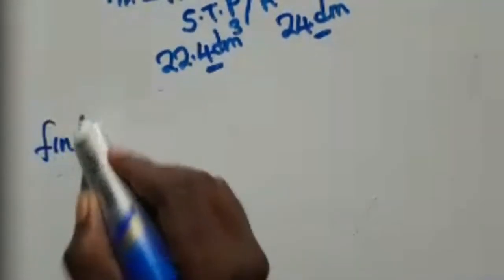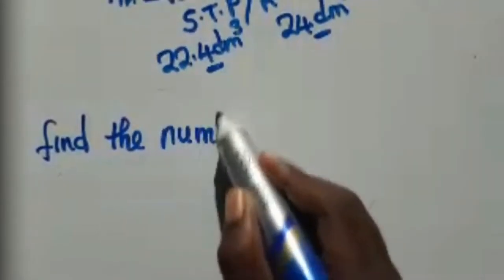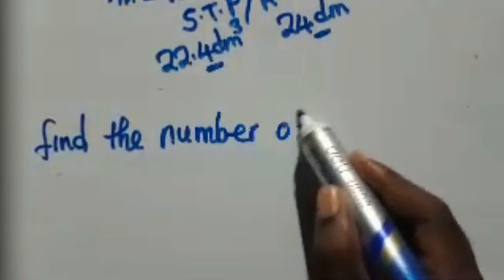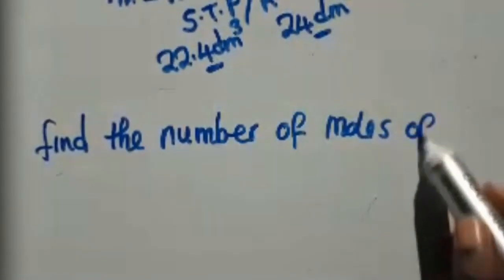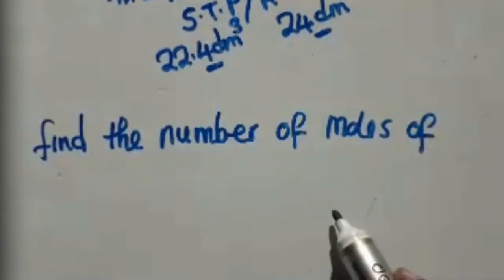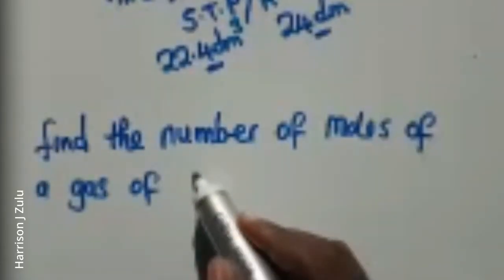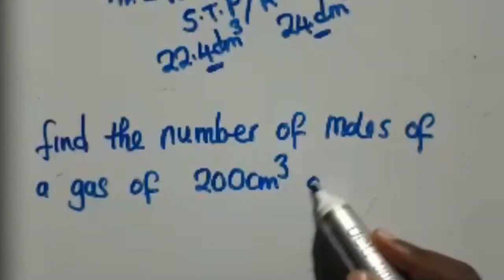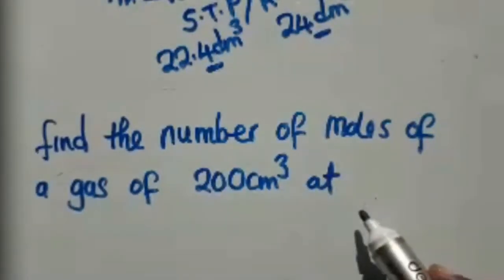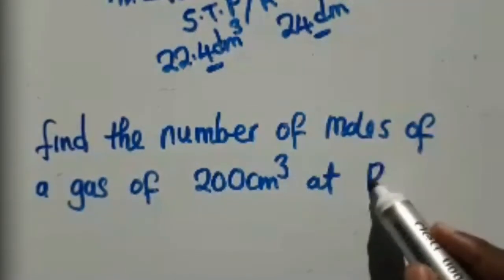They are telling you: find the number of moles of a gas of 200 centimeters cubed at RTP.